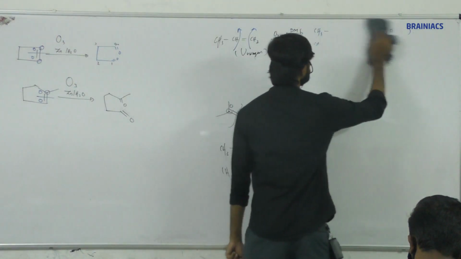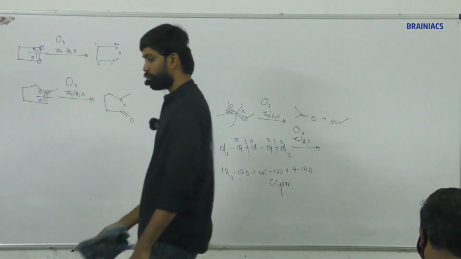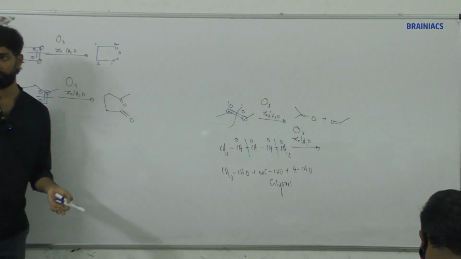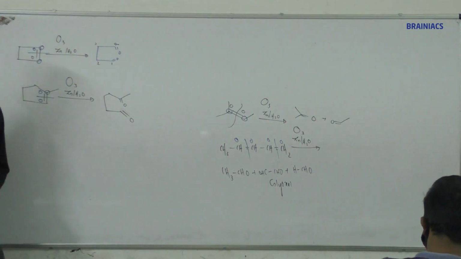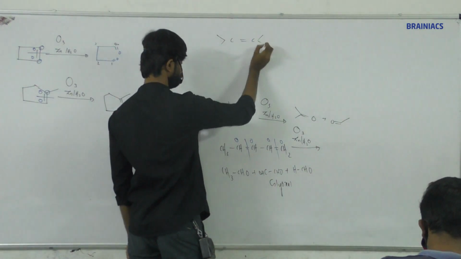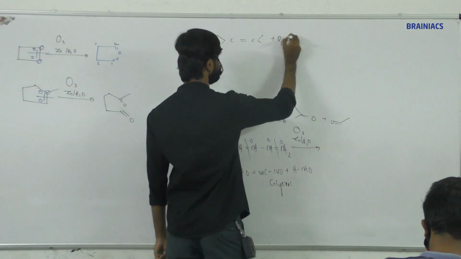Actually, it forms an ozonoid intermediate. Okay. So maybe you are asked to find or design the ozonoid. It's very easy. You are given an unsaturation, okay, and treatment with ozone.